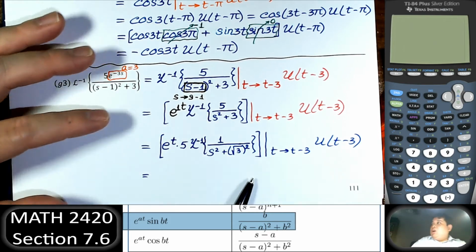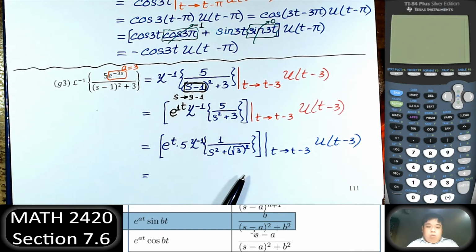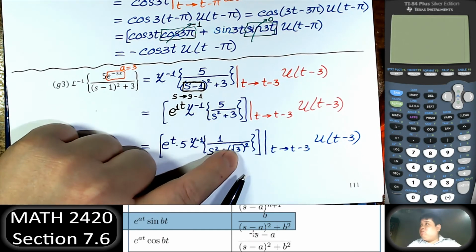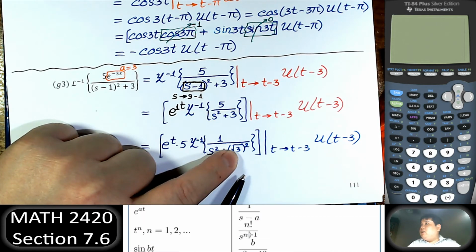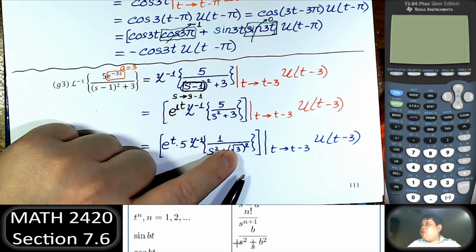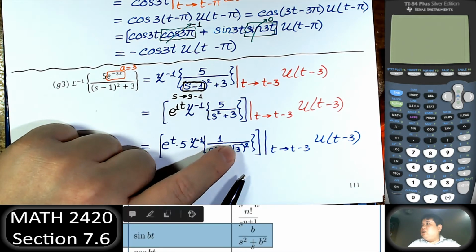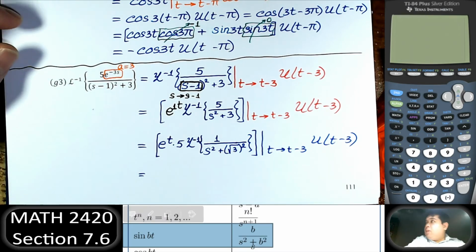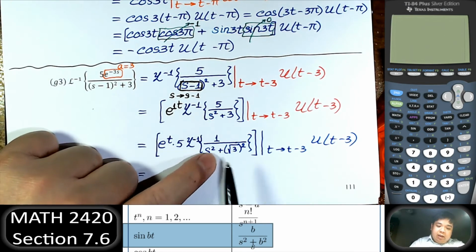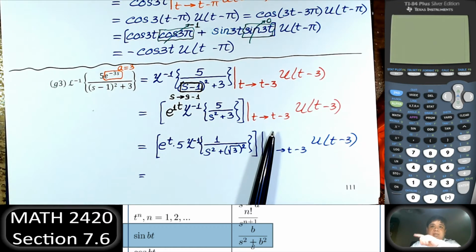Notice that, of course, we can use that formula, but if we have a number over s square plus something square, it will be sine of a number, and then the number square.